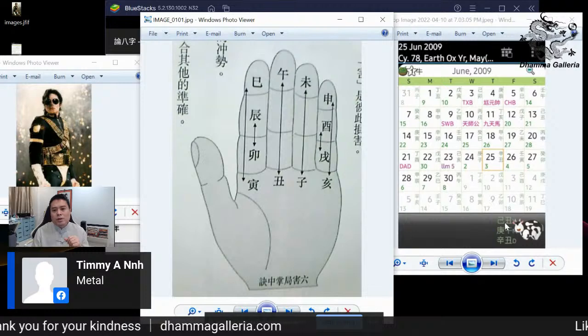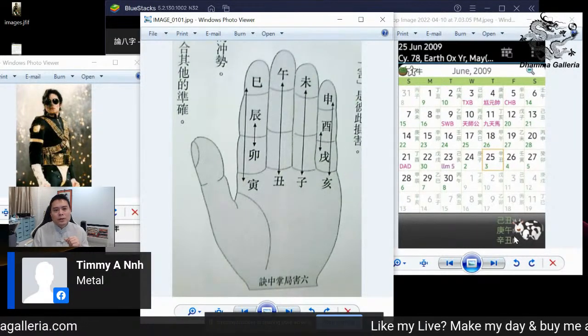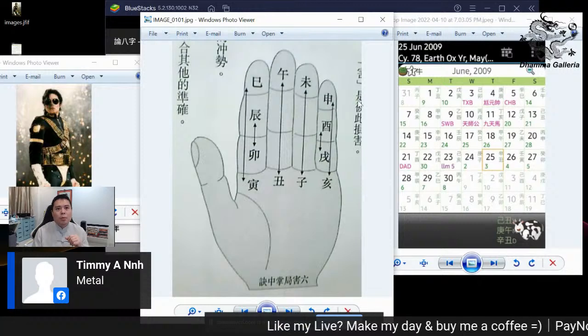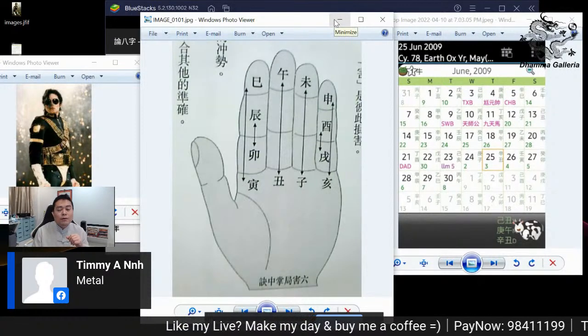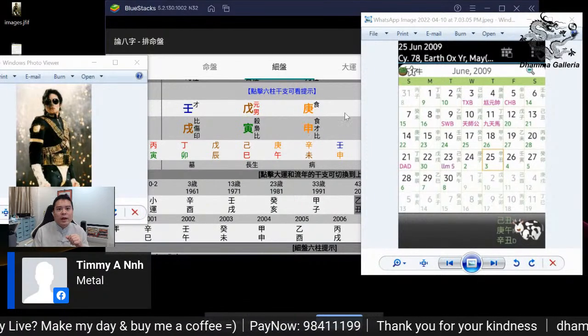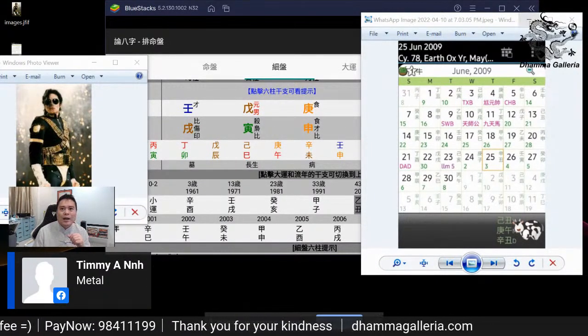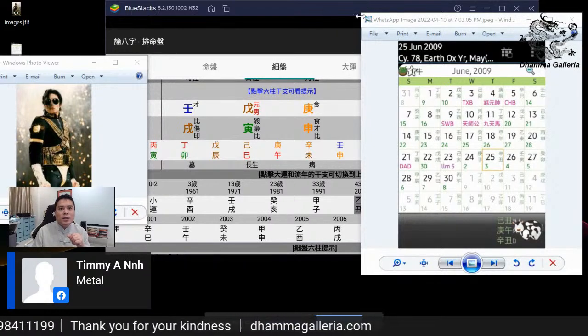The doctor overdosed him with medication. And there are two Chou here, right? Chou are the storages or the tomb, the burial of the metal elemental energy, which is his favorite element. All right. Thus explains why Michael Jackson passed away on this day.